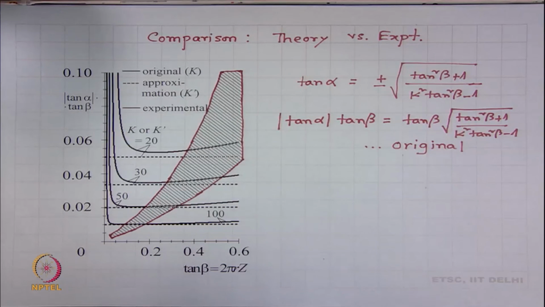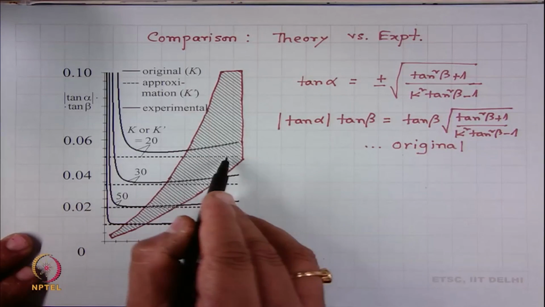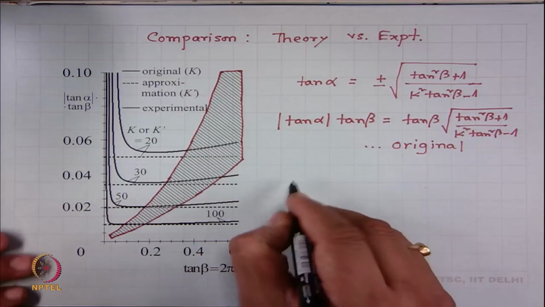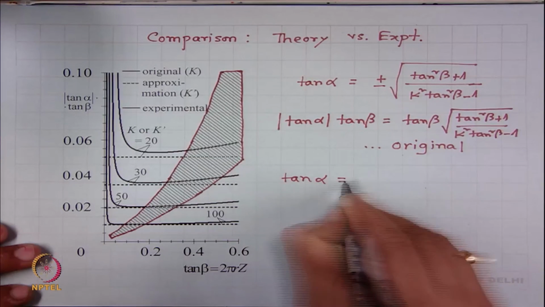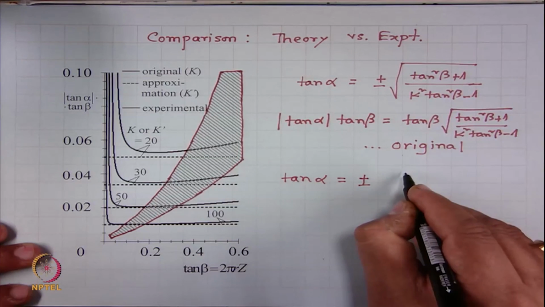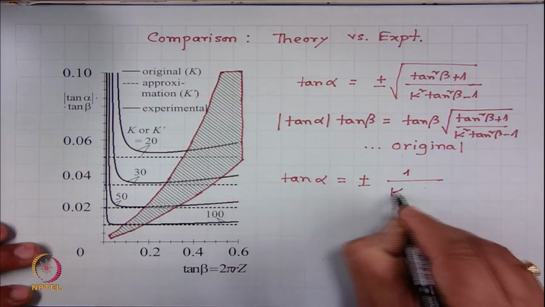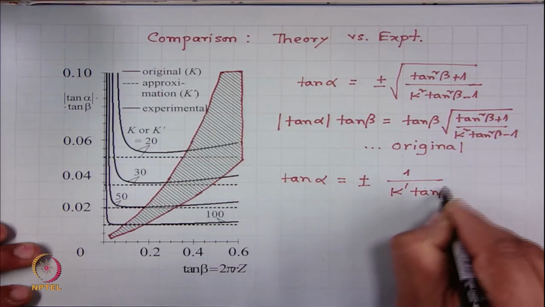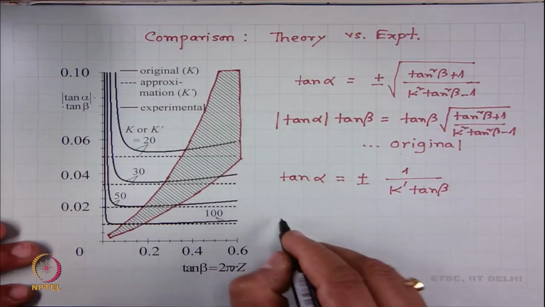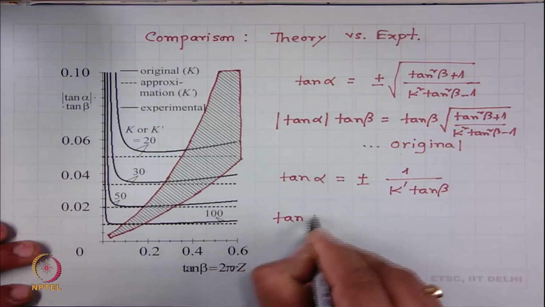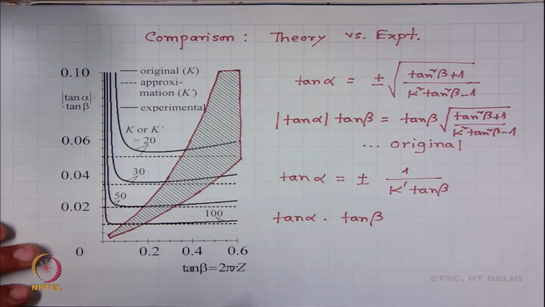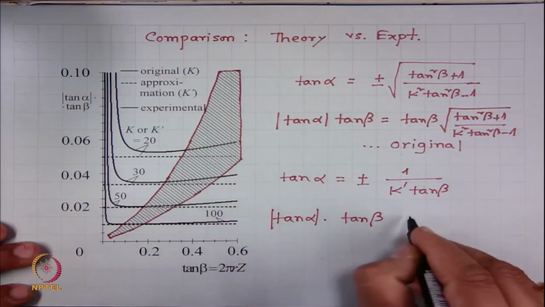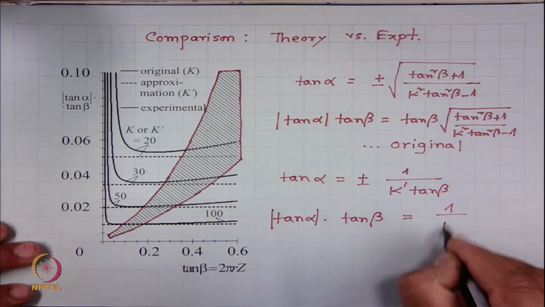The approximated equation is shown by the dotted line. What was the approximated relation? You remember, tangent of alpha equals plus minus 1 by k prime tangent of beta. So, tangent alpha into tangent beta, and if we take the absolute value, then it becomes this.